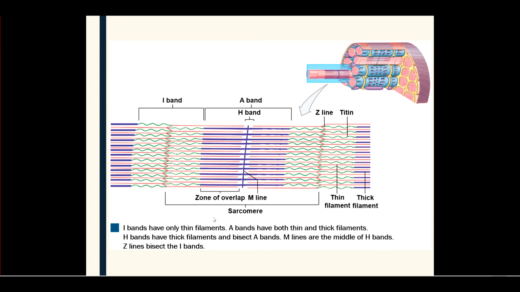So let me just go back to our very first lesson on muscle tissue. I had said to you that muscle tissue is striated, and striations were those patterns of light and dark. So now when you look in the microscope and you see light, right next to it, dark, right next to it, light, dark, light, dark.